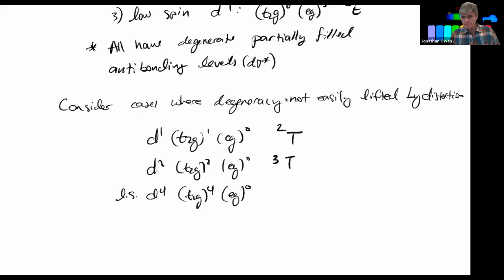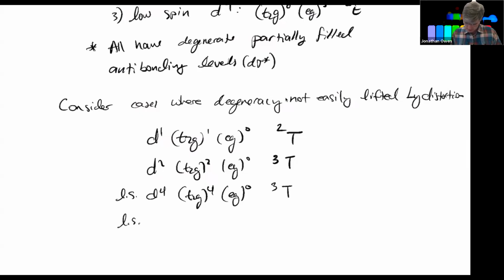We have 2 unpaired spins, which is a triplet T. So 2 levels have single electrons in them. So this guy again, the degeneracy is in this non-bonding t2g set.